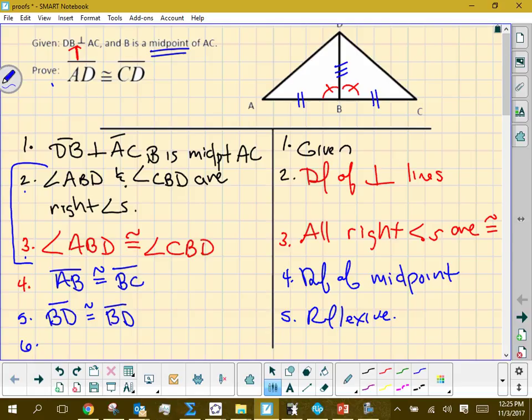How many of those 6 objects up there in that left triangle do you have a marking on? 3. Okay? You've marked the bottom segment, you've marked the right segment, and then you've marked this angle, right? So you got 3 things marked here.